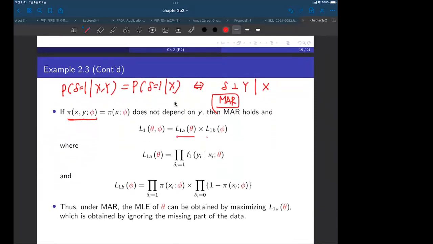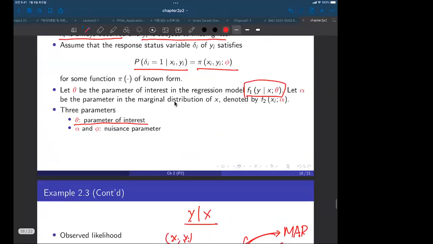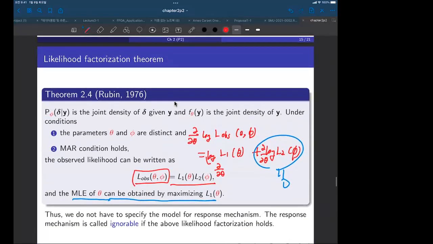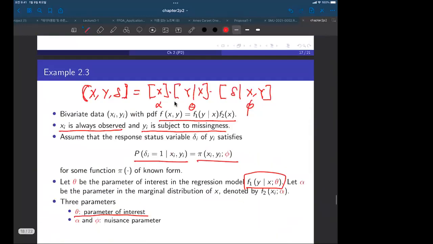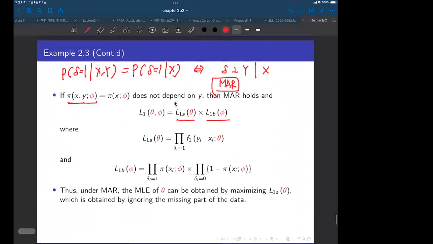You can factorize. That is what Rubin's factorization theorem says, theorem 2.4. Basically this matches with theorem 2.4.